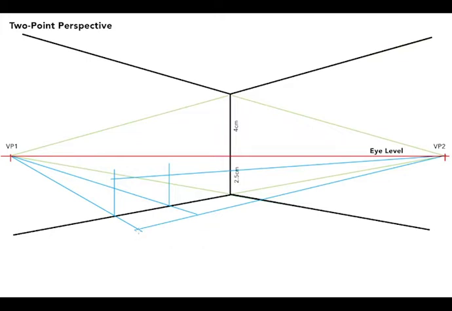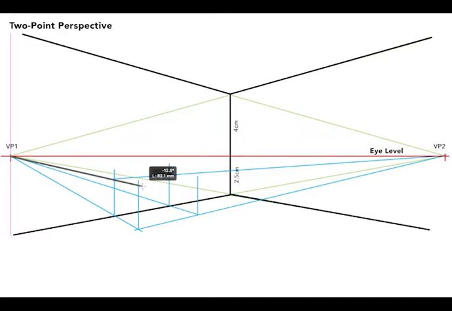So from here we will continue drawing the rest of the panels. Two vertical lines up from this corner and this corner. Next, you draw a line from VP1, passing through this top of the cabinet.